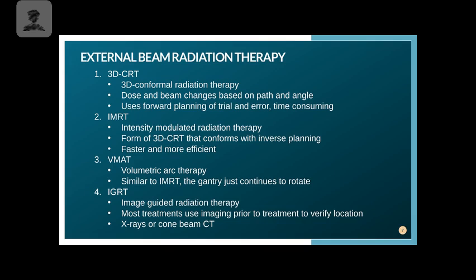IMRT is called intensity modulated radiation therapy, and this is an advanced form of that 3D CRT, and it conforms to the tumor with inverse planning. So, what do we mean by inverse planning? It means that we are looking at the tumor and we give all of the structures a certain amount of dose that it can have.